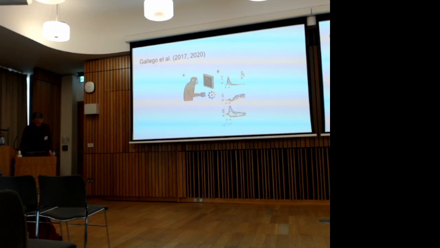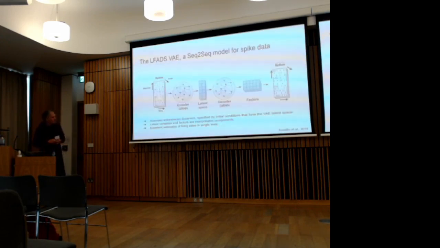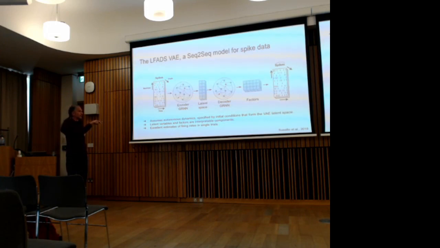Good, so now what we're asking is basically how interpretable the variables of this model are. We look both at this true latent space here, but we also consider those factors, because it turns out that from these factors we can regress not only to neural activity on which the model was trained, but also to behavior, for instance, and we can see if we can perform behavior decoding from this.